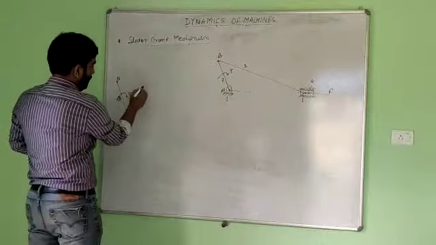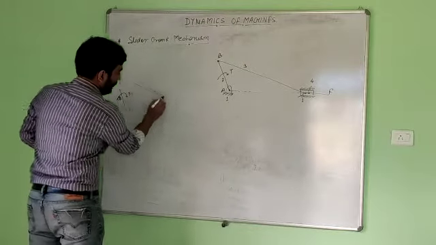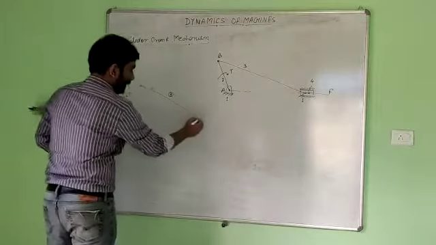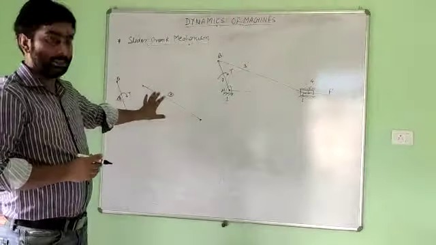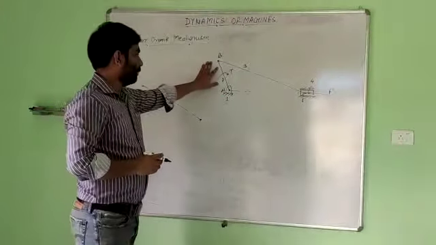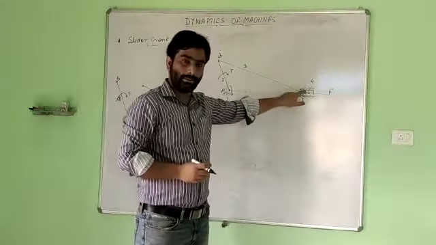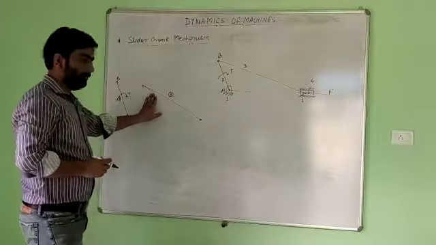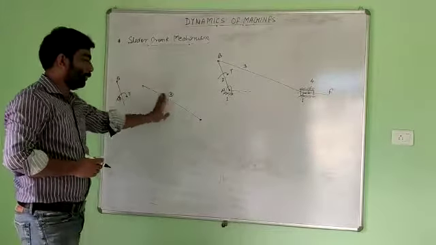So we will draw the third member. Here we don't have any external force. Only forces will come from link 2 and link 4 when we separate them. So this member will be subjected to 2 forces.